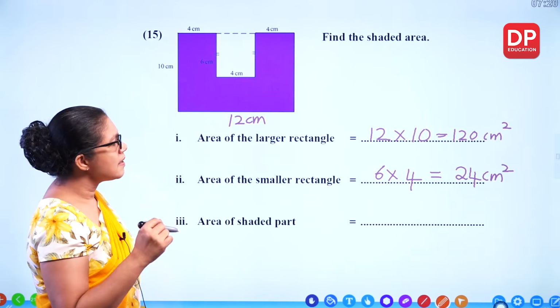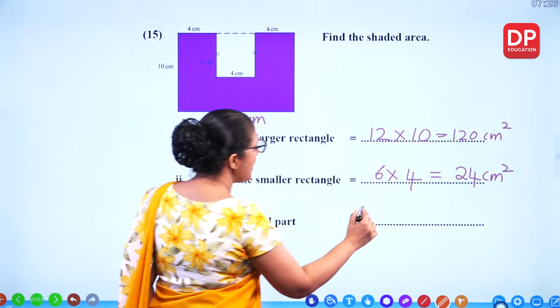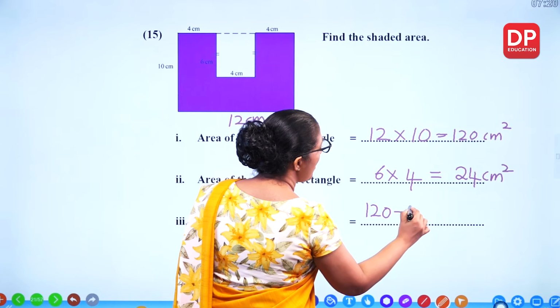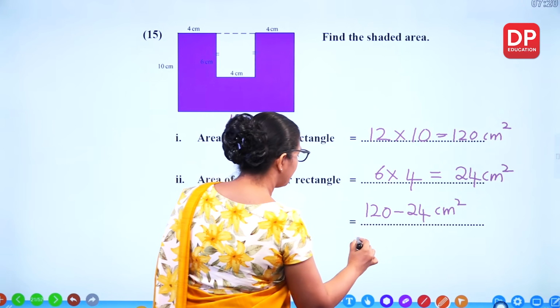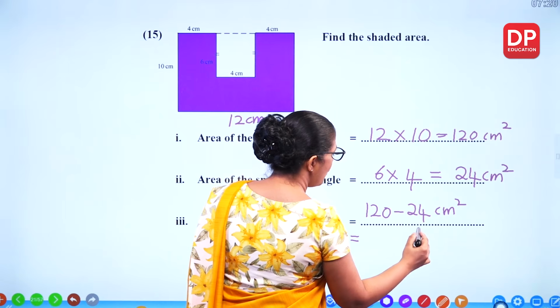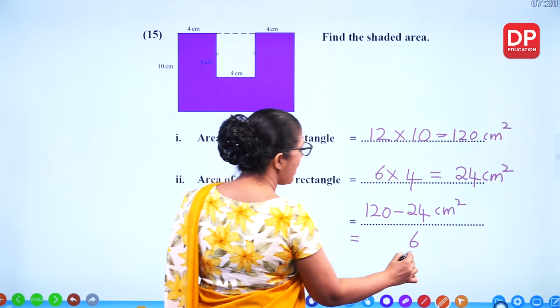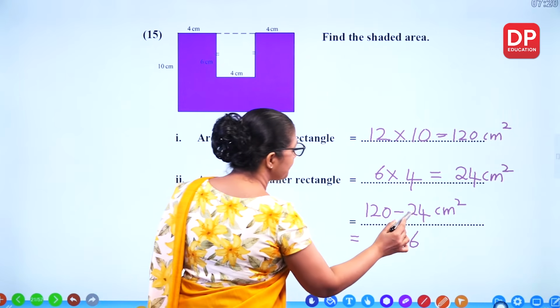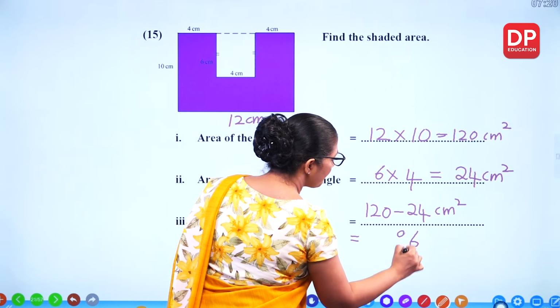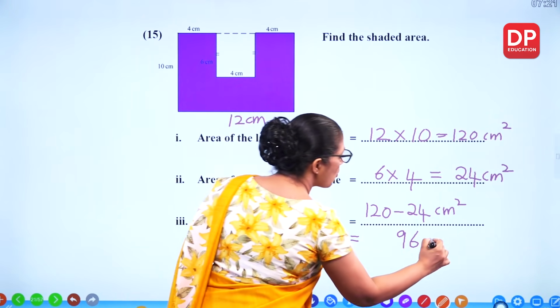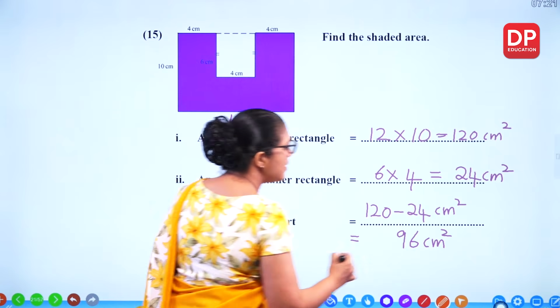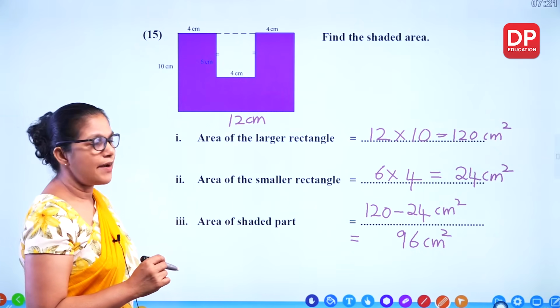You can subtract 120 minus 24. You can subtract and write down the answer. 96. 96 square centimeters is the shaded area.